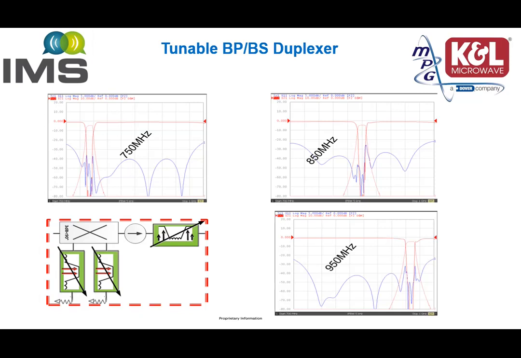In the diagram on the bottom left, we see two identical tunable bandpass filters connected via 3 dB hybrid. For the incoming signal at port 1 to the left, frequencies within the bandpass are going to be absorbed in the 50 ohm terminations, and frequencies outside the passband of the tunable bandpass are going to be reflected back.